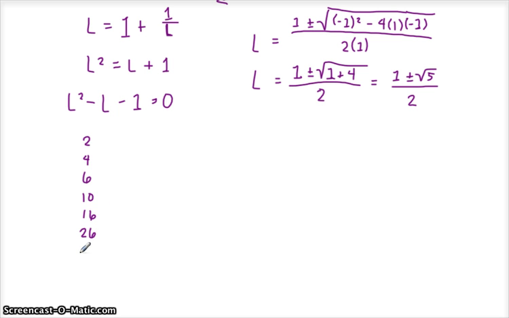So 16 plus 26, that gives us 42. 26 plus 42, that gives us 68. 42 plus 68 gives us 110. So let's see if we can find anything using this set of values to determine whether or not we want the plus or the minus version of this limit.